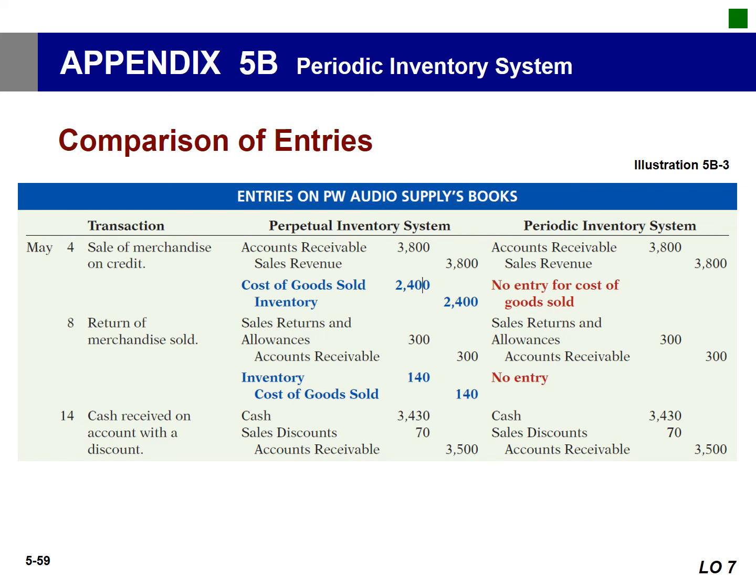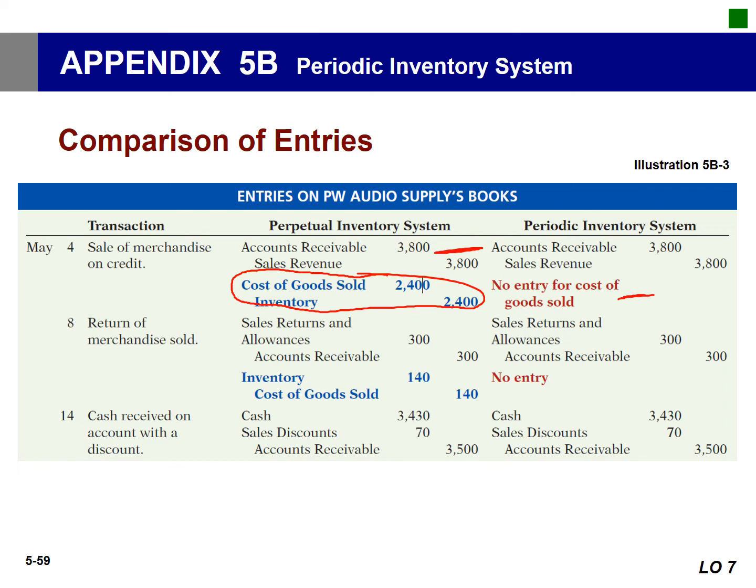And then from the seller's perspective, PW Audio Supply, when there's a sale of merchandise inventory on credit, both systems are going to record the sale exactly the same, but the perpetual system is going to record a debit to cost of goods sold and a credit to inventory that the periodic system does not.